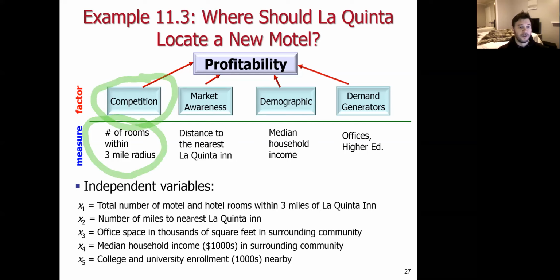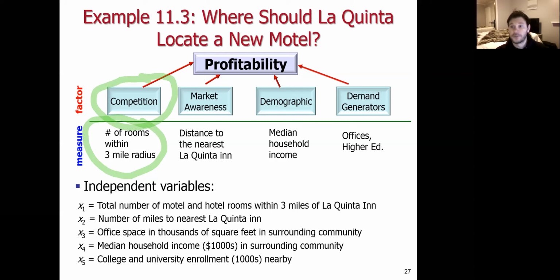X2 will be the number of miles to the nearest La Quinta Inn, some sort of market awareness metric. X3 will be the amount of office space, in thousands of square feet, in the surrounding community, the idea being the more office space there is, the more business travelers there might be. We're also going to look at median household income in the surrounding community.